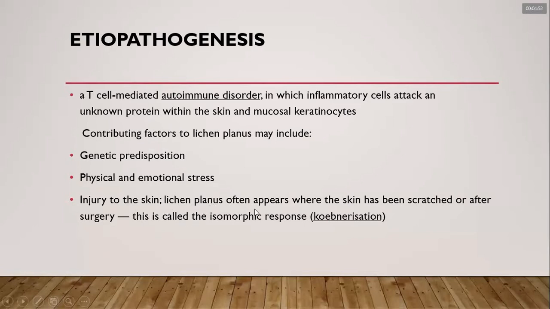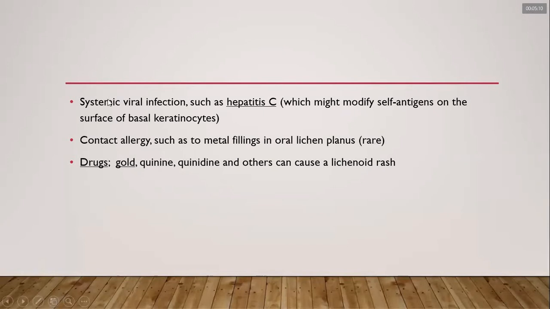So Lichen planus lesions often appear when the skin has been scratched or traumatized, after physical trauma or even after surgeries. This is known as isomorphic response or Koebner's phenomenon. Also, systemic viral infections are sometimes believed to play a part, in which hepatitis C is more commonly recognized, which might modify self-antigens on the surface of basal keratinocytes.